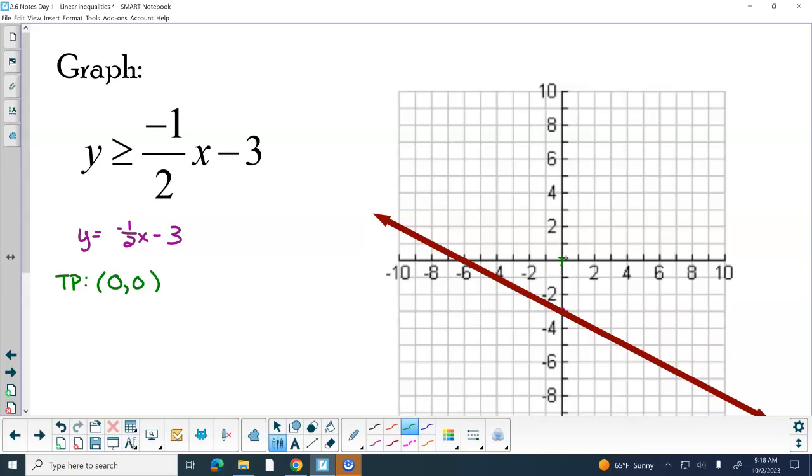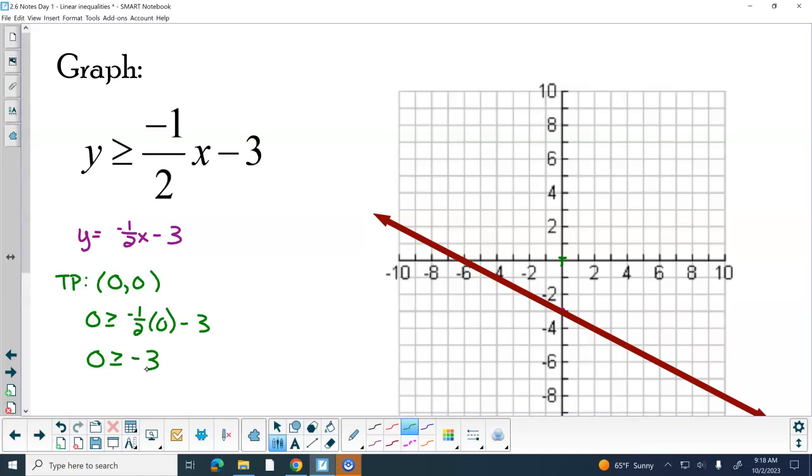So when I plug that in, I've got 0 greater than or equal to negative 1/2 times 0 minus 3. Negative 1/2 times 0 is 0, 0 minus 3 is negative 3. Is 0 bigger than or equal to negative 3?